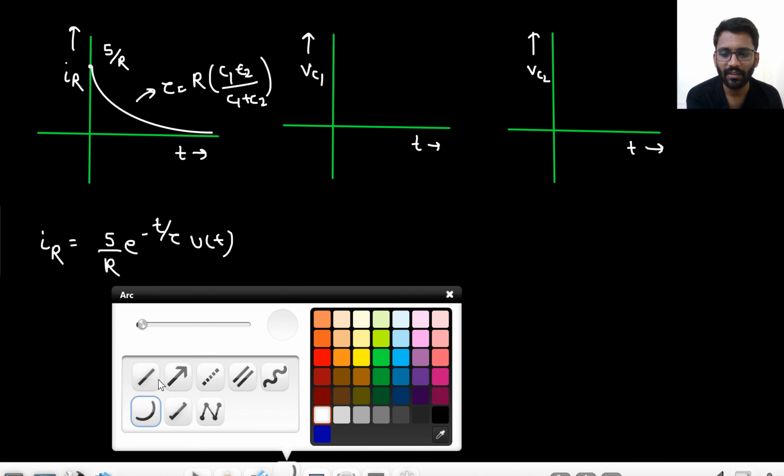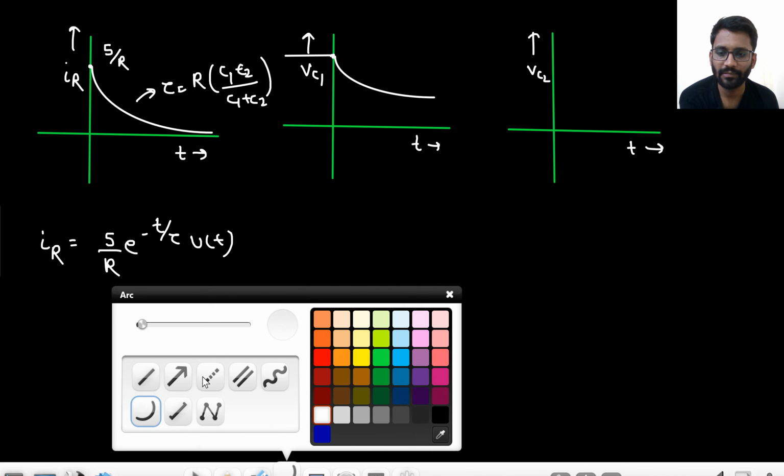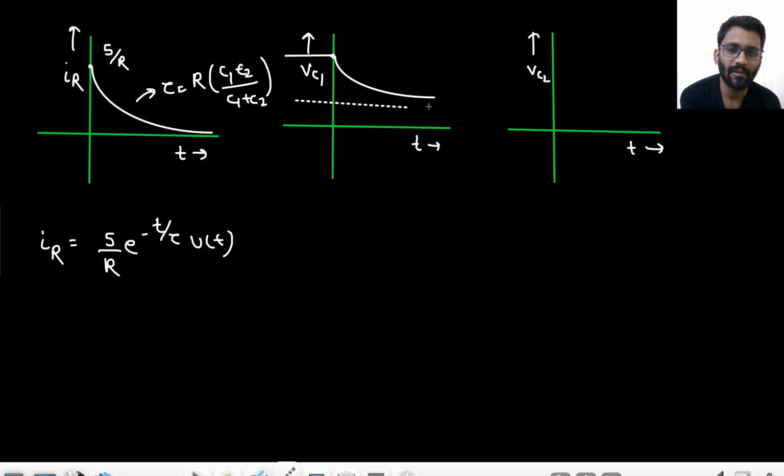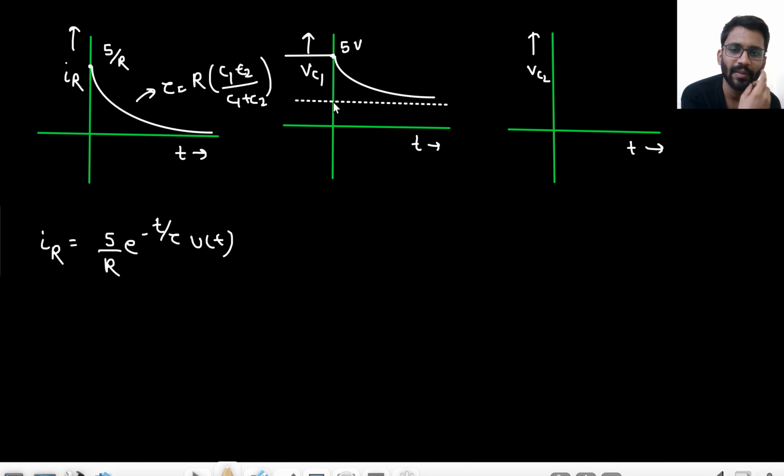What about VC1? VC1 was previously 5 volt. Then it decays down to some value, but it decays down exponentially, right? From 5 volt it decays down to 5 C1 upon C1 plus C2.